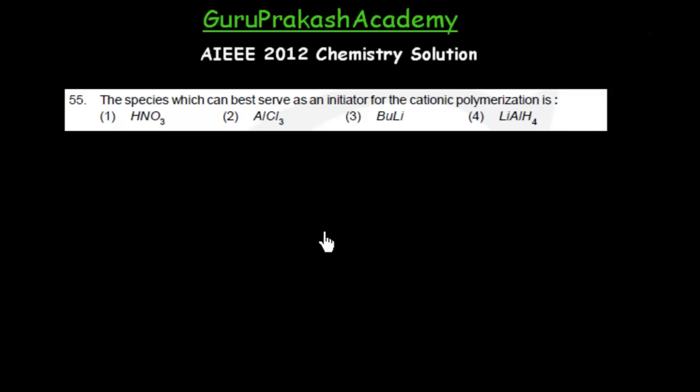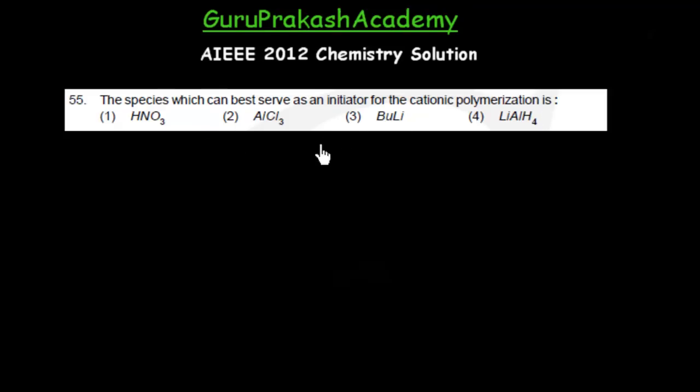This is again an easy problem. Question says the species which can best serve as an initiator for cationic polymerization. Now what is cationic polymerization? I form a cation, and cationic polymerization basically starts by a Lewis acid, or you can have H+ also in some cases.